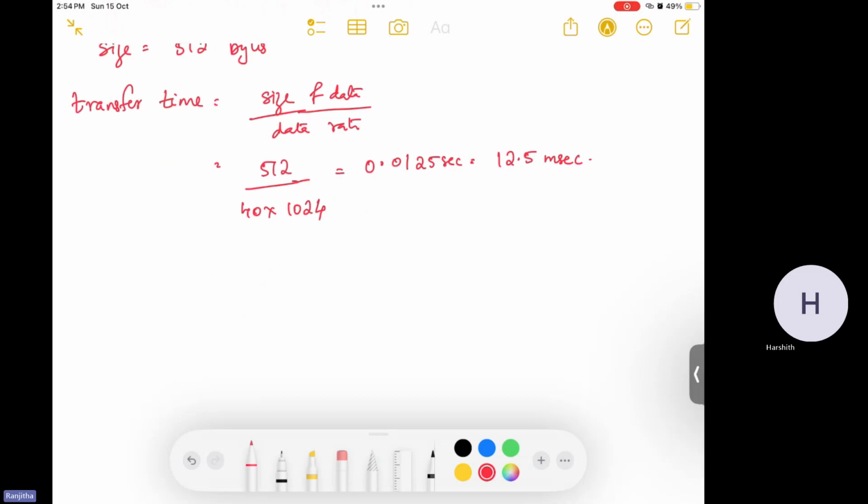Now, the final average access time will be, therefore, we can substitute all these values.